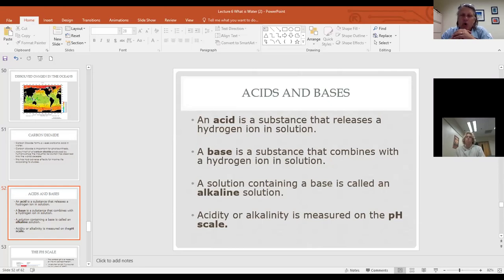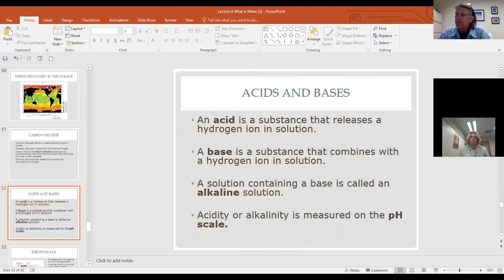The hydroxide is OH-. When you put hydrogen and hydroxide together, you come up with HOH or H2O, which of course is water. So water is neutral. Anything with a hydrogen ion is acidic. Anything with the OH- ion is basic.